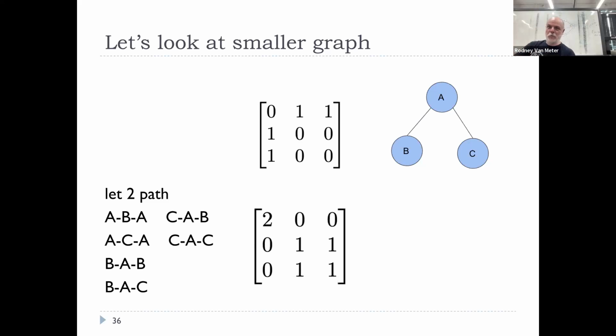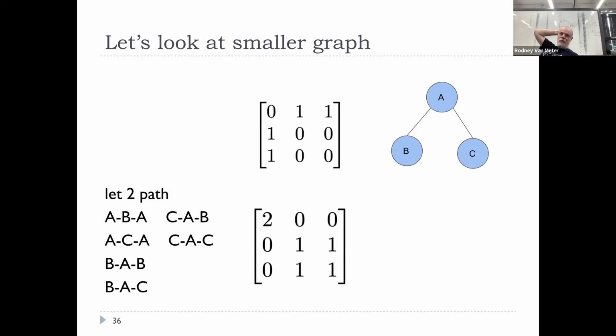If you look at the one on the right-hand side of the middle row, that would be a path that starts at B and ends at C.